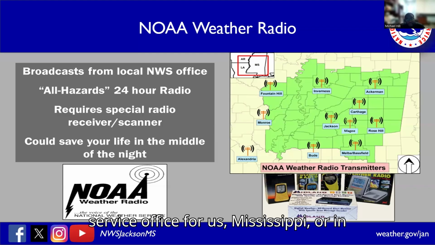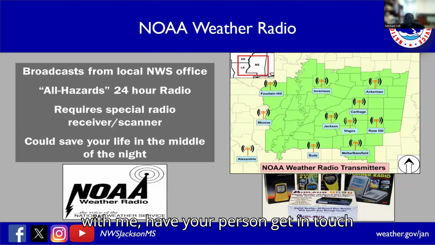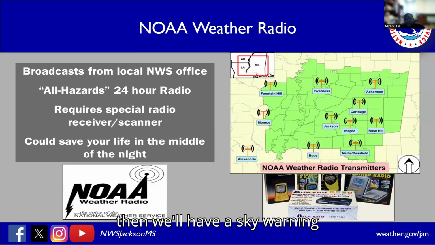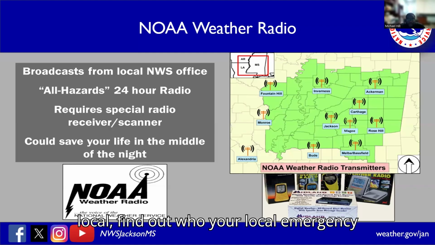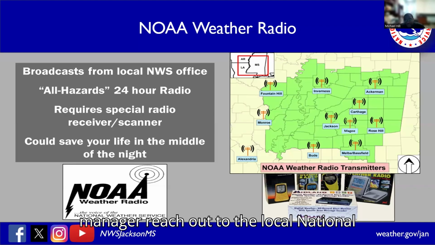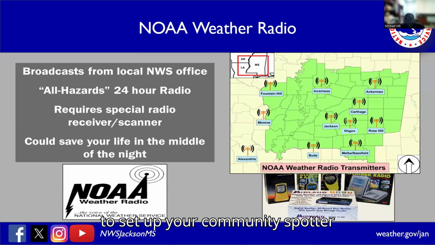For us, in my county warning area in Mississippi, you get in touch with me, and I'll set it up with them, and then we'll have a Skywarn spotter training in your area. In other parts of the country, find out who your local emergency manager is. Have that local emergency manager reach out to the local National Weather Service, and they should be able to set up your community spotter training.